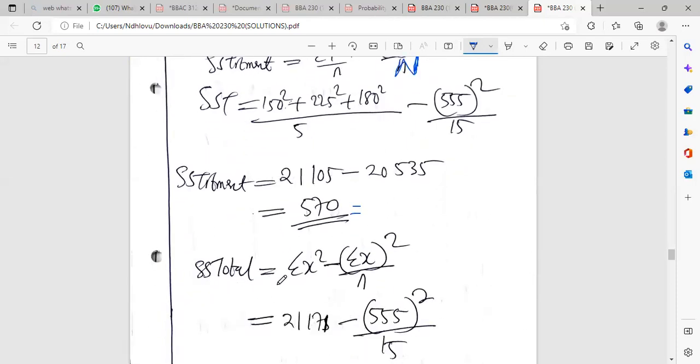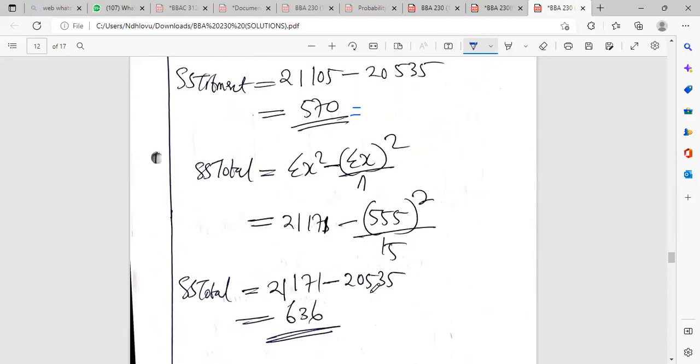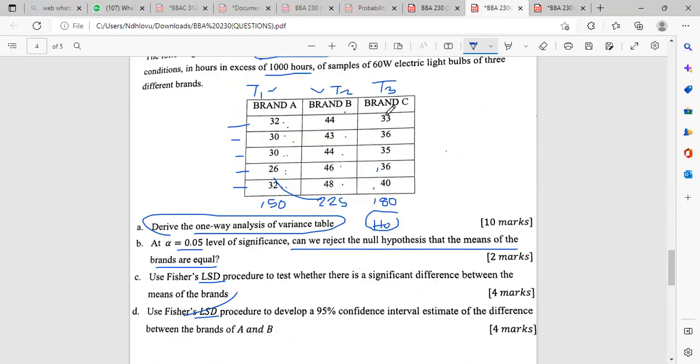Then the sum of squares of total, using the same formula here. Of course, this n is our capital N, which is 15. Then we can sort out the summation of x squared, so you square each of the numbers. For those who are behind, you just enter the data in the calculator and you will find the summation of x squared.